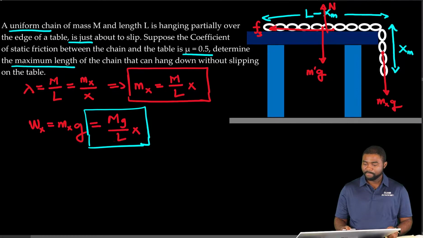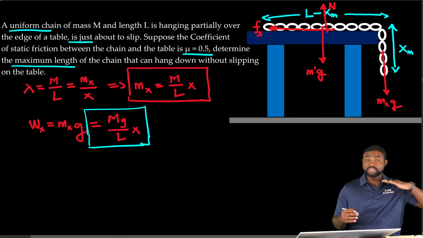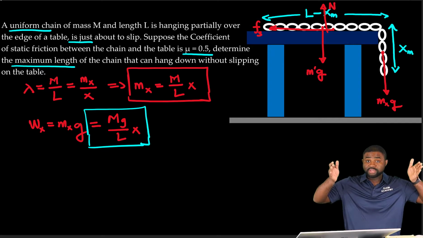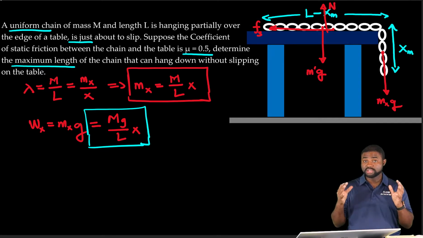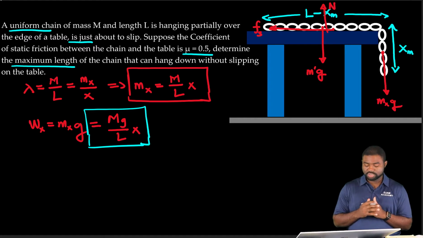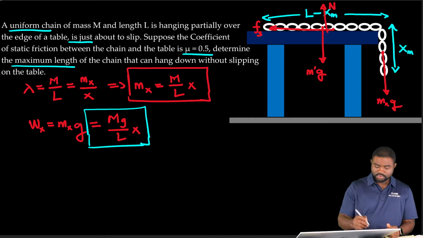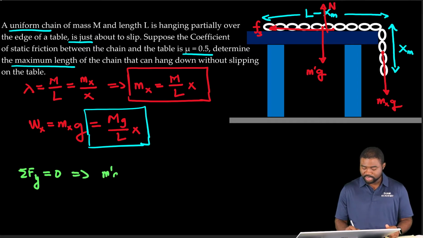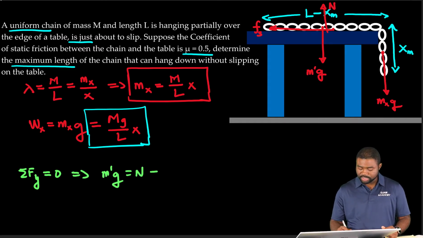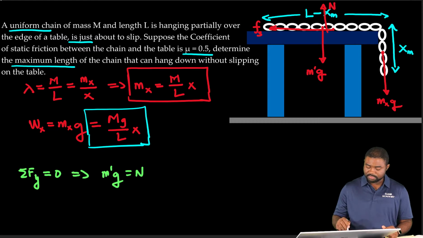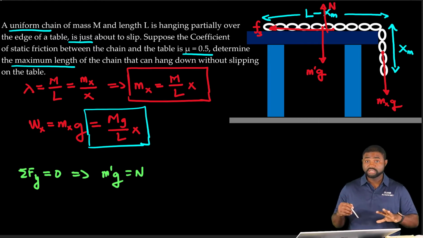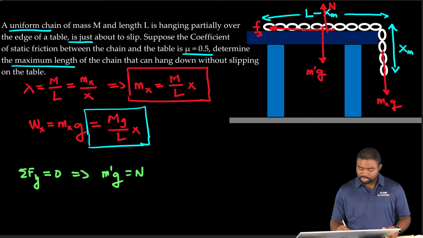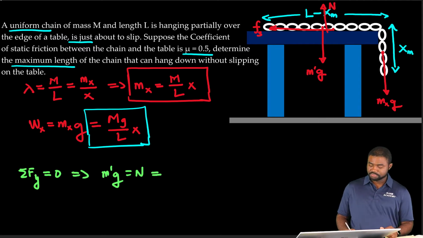Now, similarly, let's move on to the part of the chain lying on the table. It is temporarily at rest, which means that all the forces acting on that part of the chain balance each other. So if that is the case, we know that the sum of forces in the y direction is equal to 0, which implies that M prime g is equal to N. Remember that M prime is the mass of the chain lying on the table.